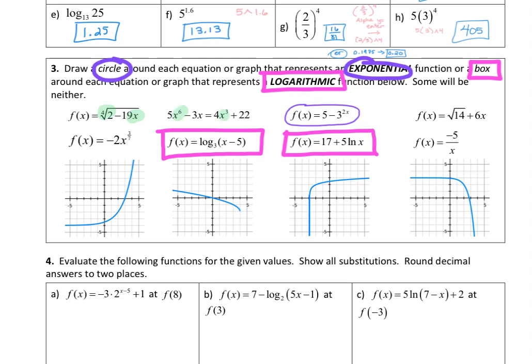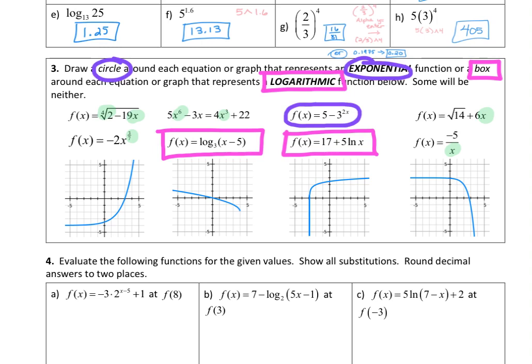This only has numbers as exponents. This doesn't even have an x inside the radical. This has a number as an exponent, and this one has an x in a denominator. And so really, this is the only equation that we have, the 5 minus 3 to the 2x power, that is exponential.